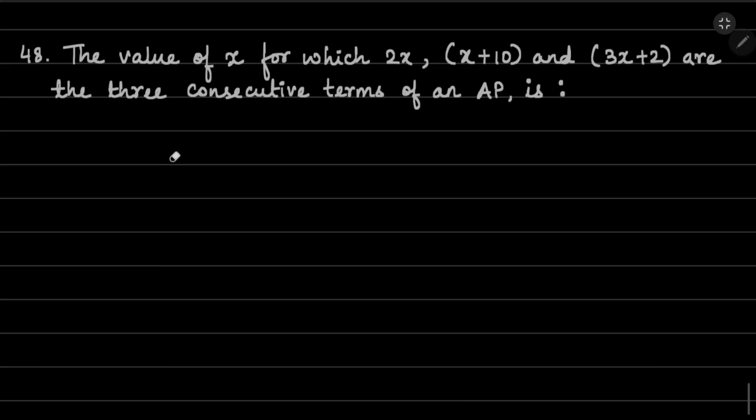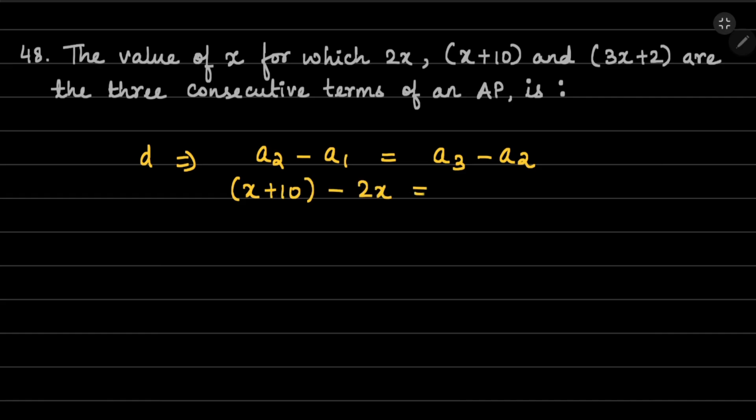So here you are given your AP, and let's find out the common difference. A2 minus A1 should be equal to A3 minus A2. So what is A2? The second term. You are given three consecutive terms. So the second term, x plus 10, minus the first term, that is 2x, should be equal to the third term, that is 3x plus 2, minus the second term, which is x plus 10.